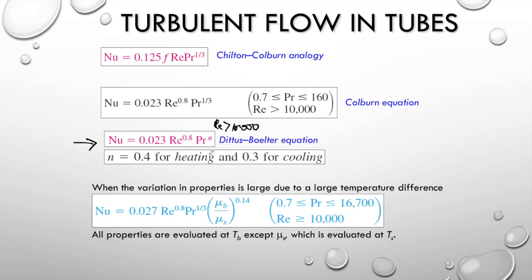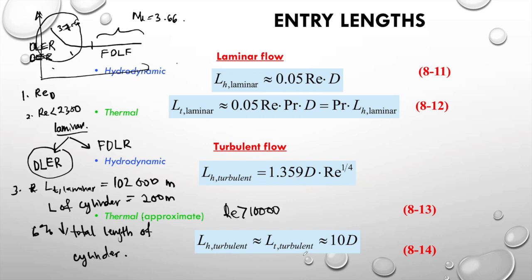So you may assume your Reynolds number, and obviously from the calculation you will get a Reynolds number greater than 10,000, maybe 15,000, 20,000, or 1 times 10 to the power of 6. And you calculate the LT turbulent and take a look at the entry length.